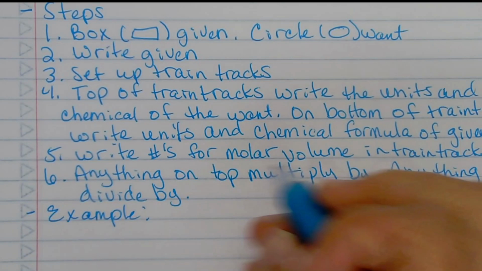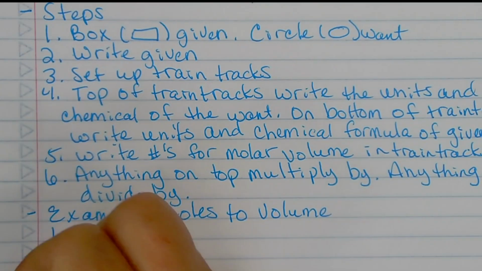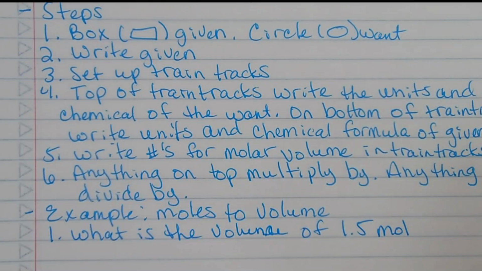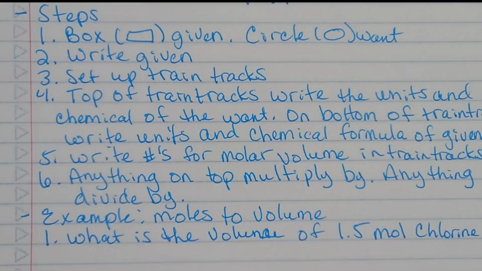It says, what is the volume of 1.5 moles of chlorine gas? All right, Cl2, because remember that's one of our Hofbrinkel diatomics, so it gets a subscript of 2.